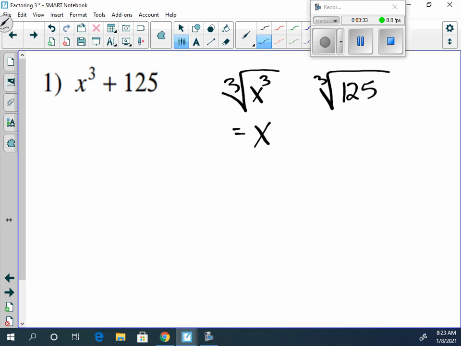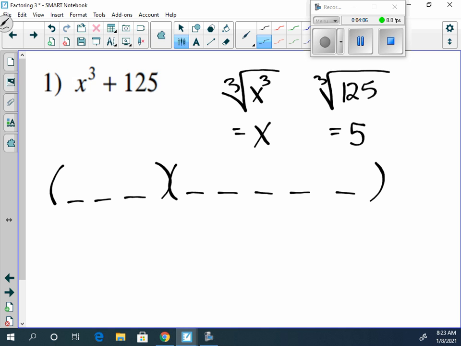They cancel out. Now, the cube root of 125 would be 5. 5 times 5 is 25, and 25 times 5 is 125. So both of these here are perfect cubes. So we can factor this using our sum or difference of perfect cubes.